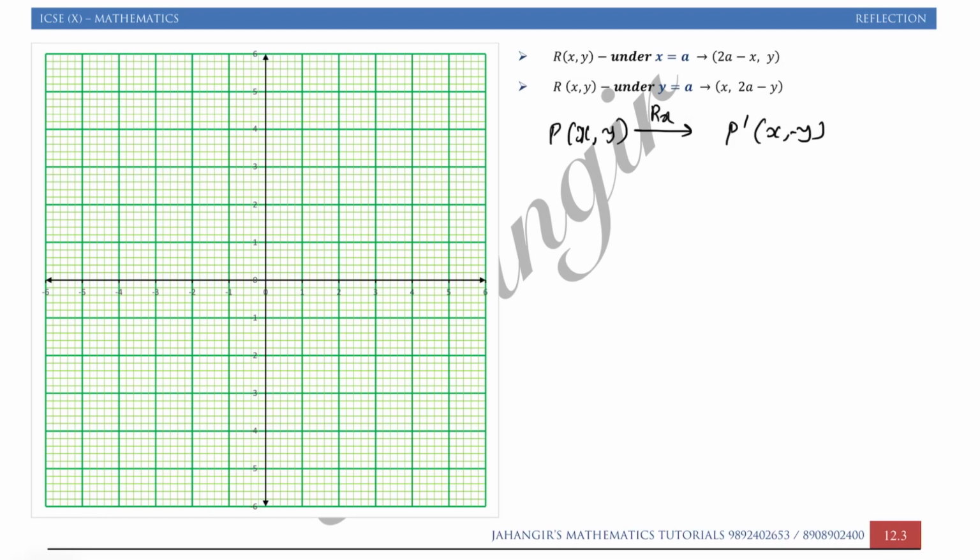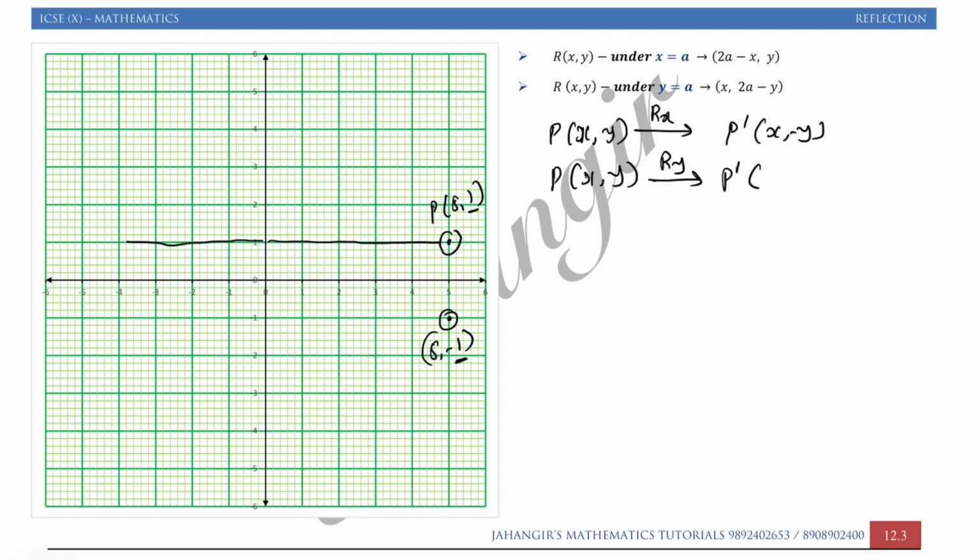The example which we had seen, 5 comma 1, I am taking this as P (5, 1). If you reflect it in the x-axis, it will become (5, -1). As you see, the y coordinate had changed sign. Same way, if you are reflecting the same point in the y-axis, P' will become... the distance between the point and the y-axis is 5.